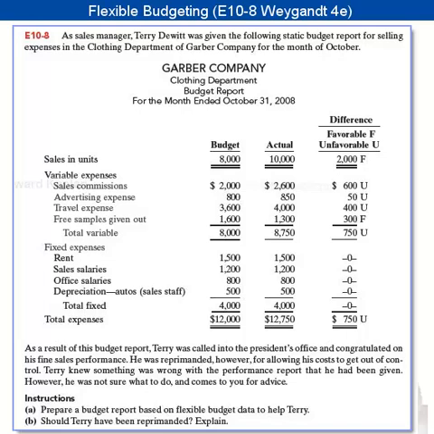So if we calculated variable cost on a per unit as being, in the case of sales commission, 25 cents, and advertising expense was 10 cents, and travel was about 45 cents, and so forth, then we should be able to multiply those costs per unit times the number of units that we actually achieved. So multiply all of those times 10,000, and we can come up with a flexible budget. Then we can compare that to the actual results and see how we did.